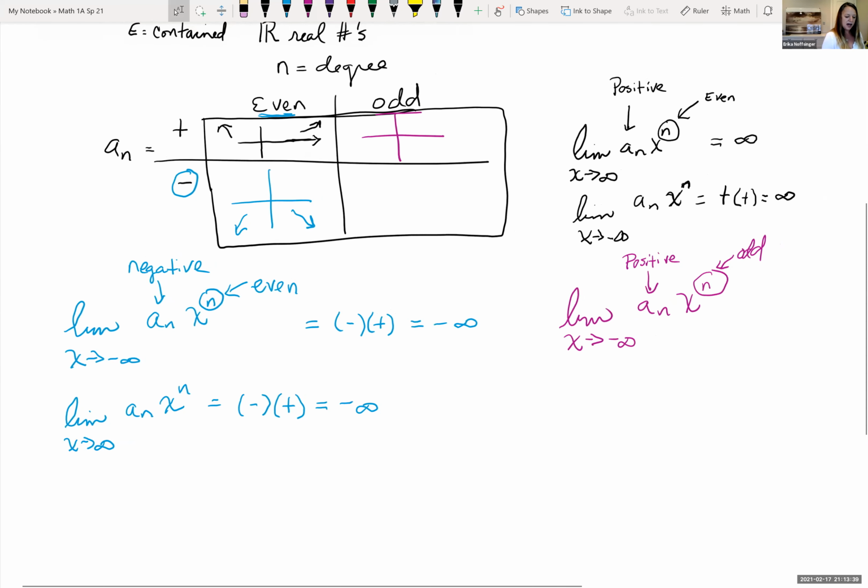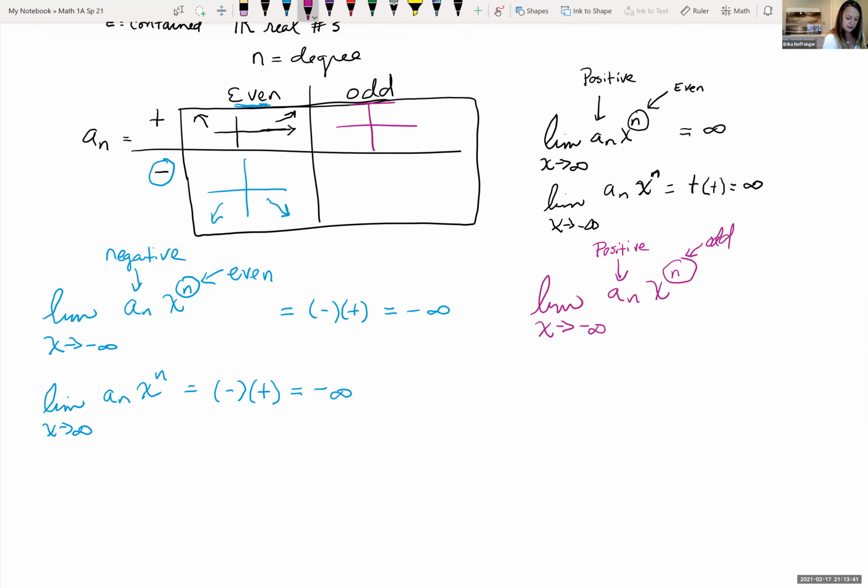So we have this positive coefficient times, now taking a negative number, plugging it in and raising it to an odd power. So multiplying a negative number an odd number of times is negative. So we have a positive times a negative, which is negative. So this is going to go to negative infinity. As x goes to negative infinity, our y value shoots downwards. It goes to negative infinity.